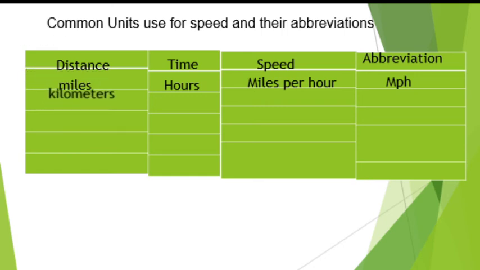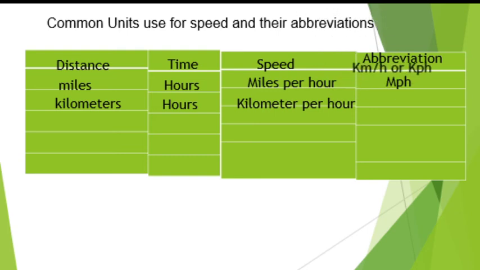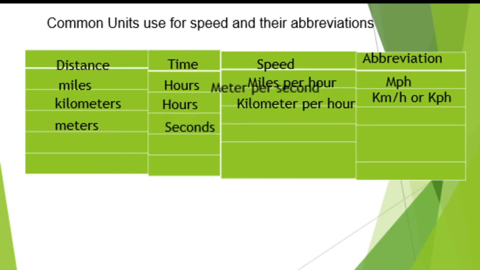If the distance is in kilometers, the time is in hours, and the speed will become kilometers per hour, or kph or km/h. If the distance is in meters, the time must be in seconds, and the speed will become meters per second, and its abbreviation is m/s.